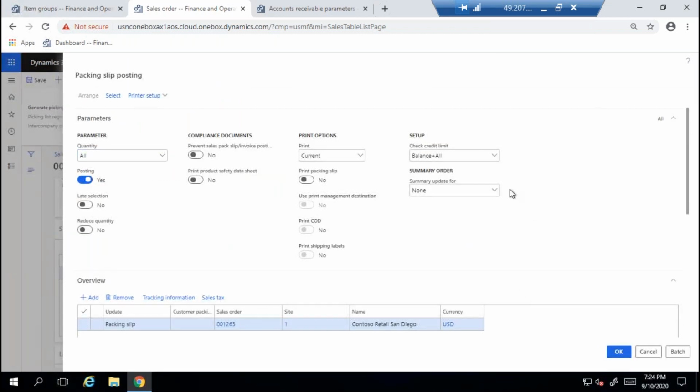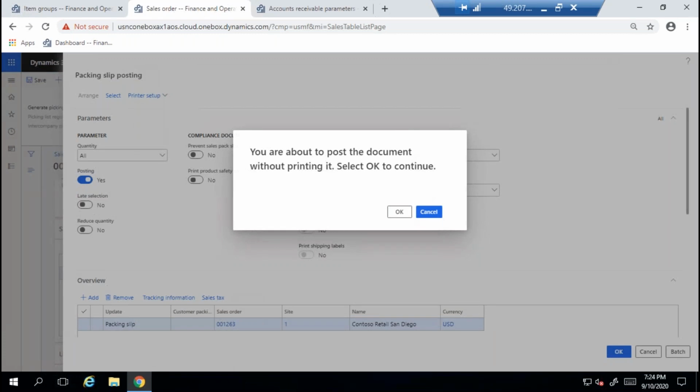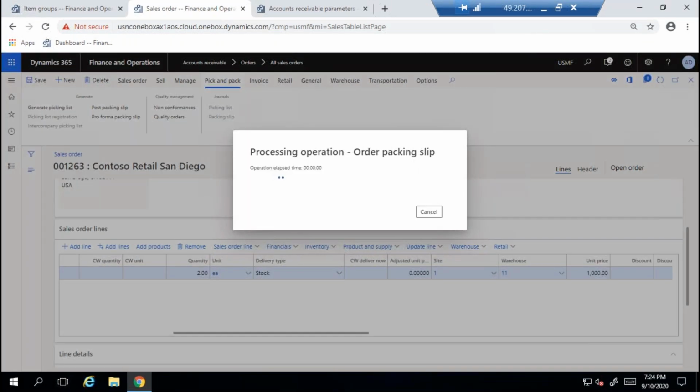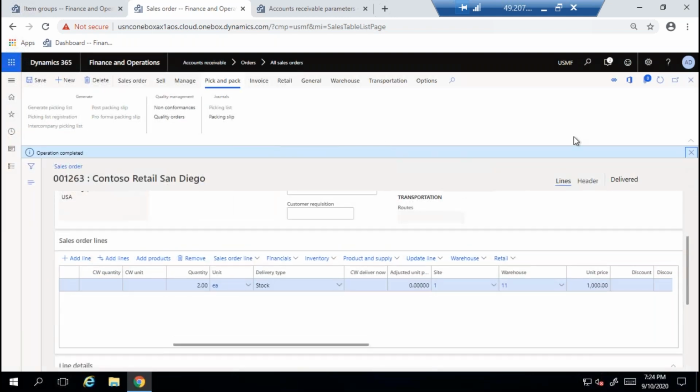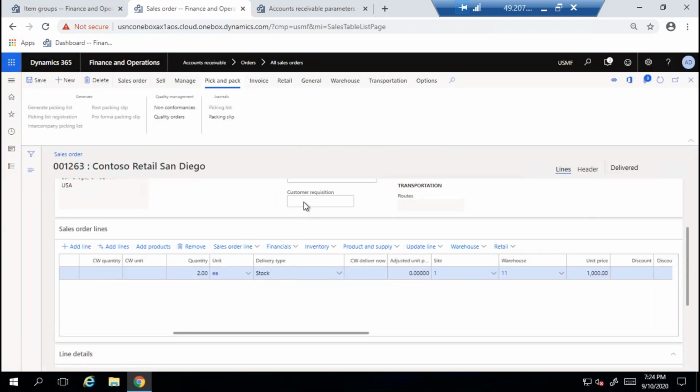Click OK. Now if you verify, there will be temporary accounts. As I told you, they are permanent accounts only, but because they reverse at the time of invoice, they are called temporary accounts. Look at this one now.